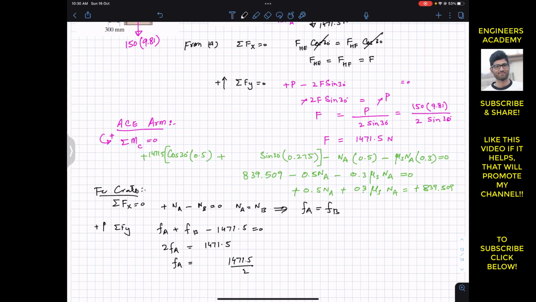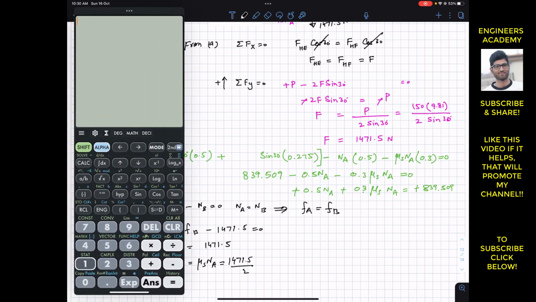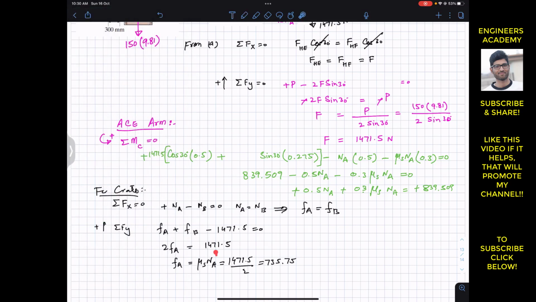And since FA is mu S times NA, mu S times NA equals 1471.5 divided by 2, which is 735.75. This is the product of mu S times NA, equal to 735.75. Now if we look into this equation, we do not know mu S, we do not know NA, but we do know this product. So now we have to substitute this in this equation.